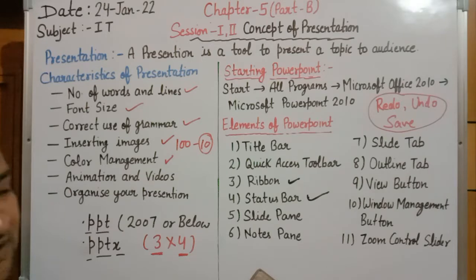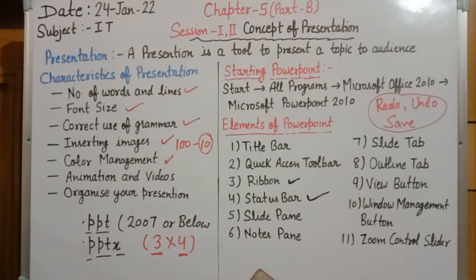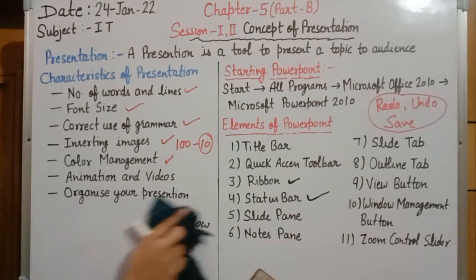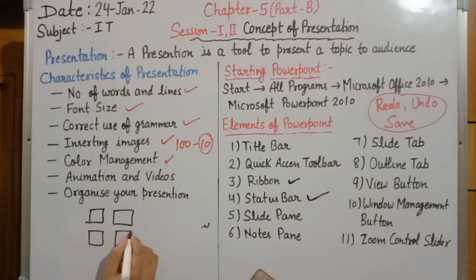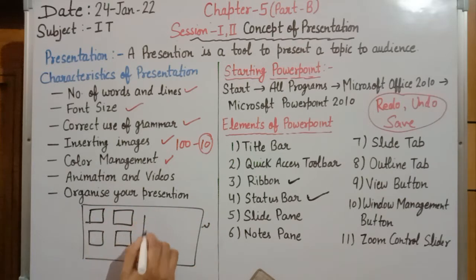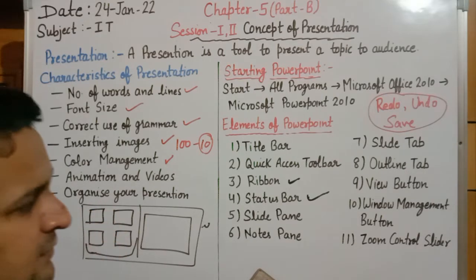Next is the slide tab. Slide tab will display all the thumbnails of the slides. Like we are having 8 slides in a document. So how will it be visible? It will be visible in the form of thumbnails, like small pieces of slides displayed on the left side of your document. Suppose this is the window. In this window, this is the working area, and this view is a part of the slide tab, where all slides are displayed in the form of thumbnails.